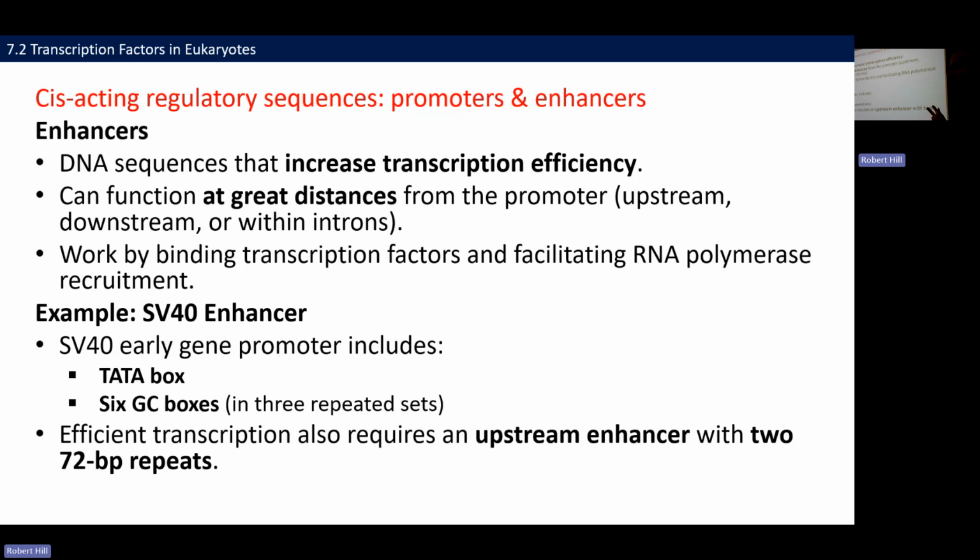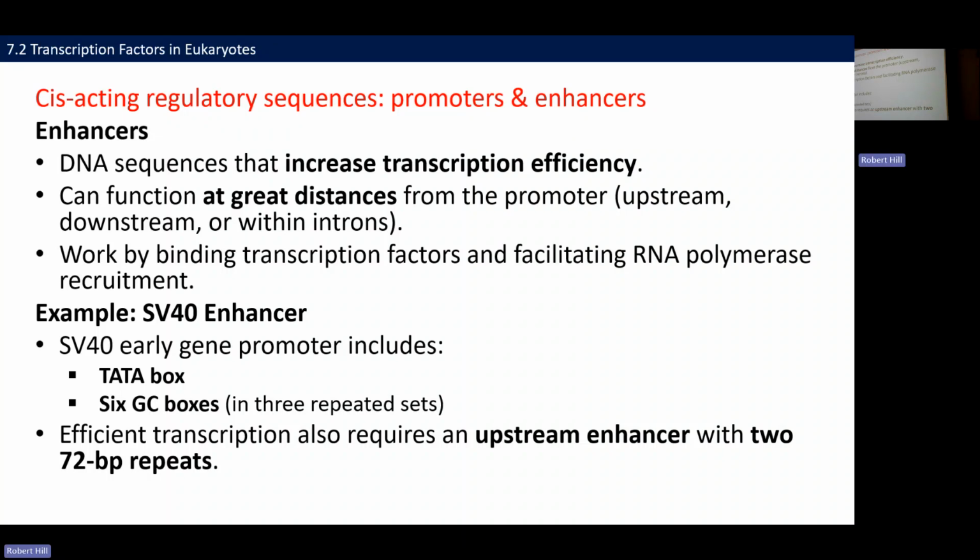There's a lot of diversity and variability in these enhancer sequences in terms of where they can be located, whether upstream of the promoter, downstream of the promoter, in the forward or reverse orientation. That doesn't seem to matter much. But in order to get heightened transcription of genes in eukaryotes, you have to have these enhancer sequences.